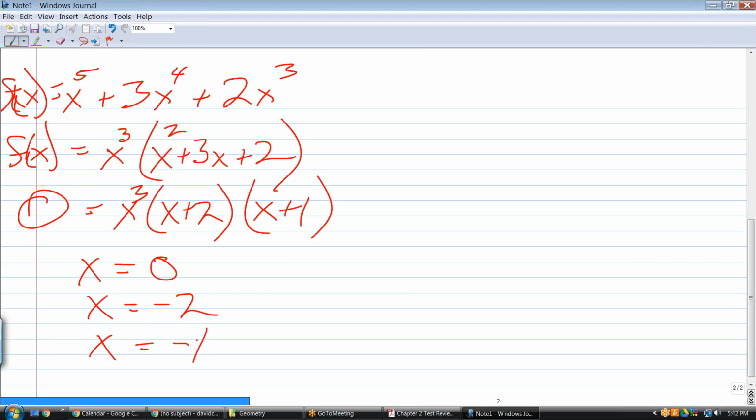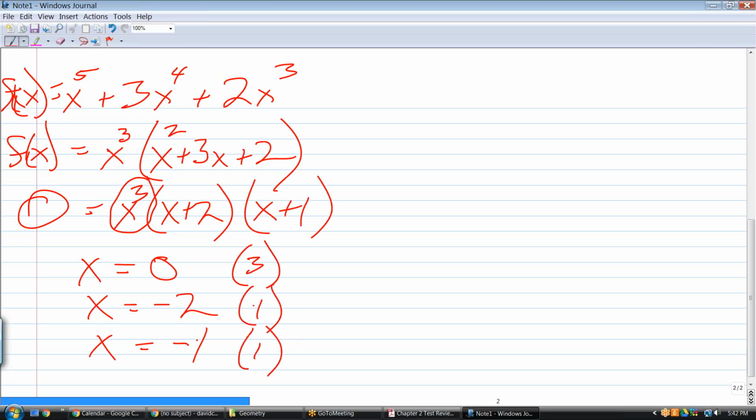How come I didn't get 5 zeros? Because 3 of them are the same. In other words, that x cubed is actually x times x times x. So this has what you call multiplicity of 3, whereas each of these has a multiplicity of 1.